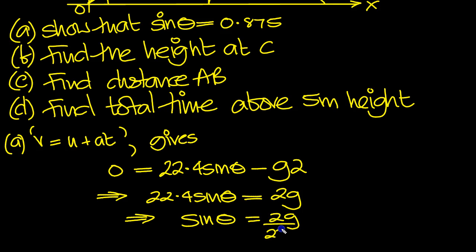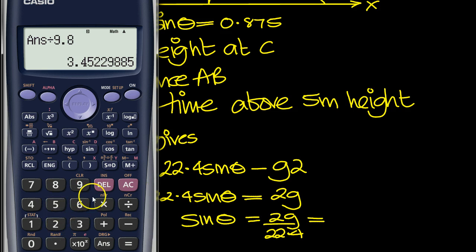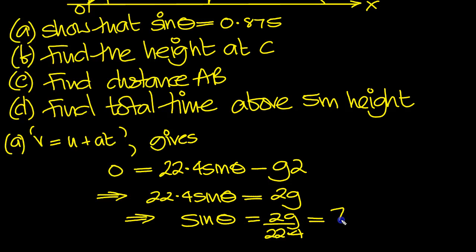That tells us what sine theta is: 2g over 22.4. Let's tap that in a calculator. 9.8 times 2 divided by 22.4 is 7/8, which is equal to 0.875 when you tap out the decimal. So the sine of theta, let's put it in a triangle to remind us.